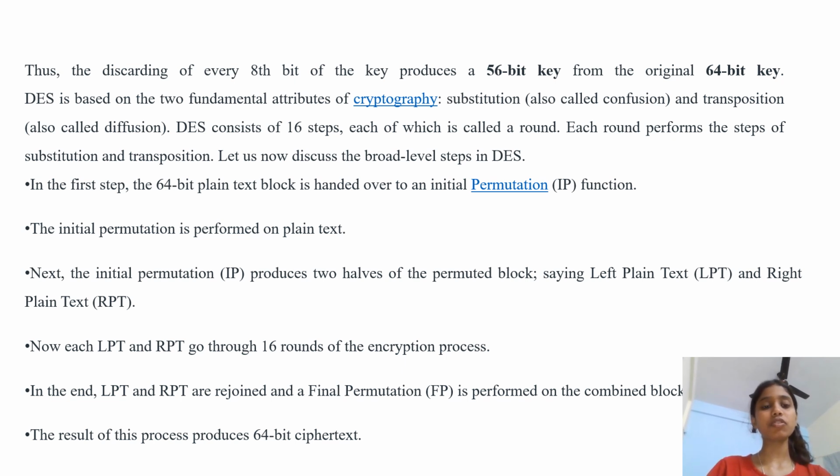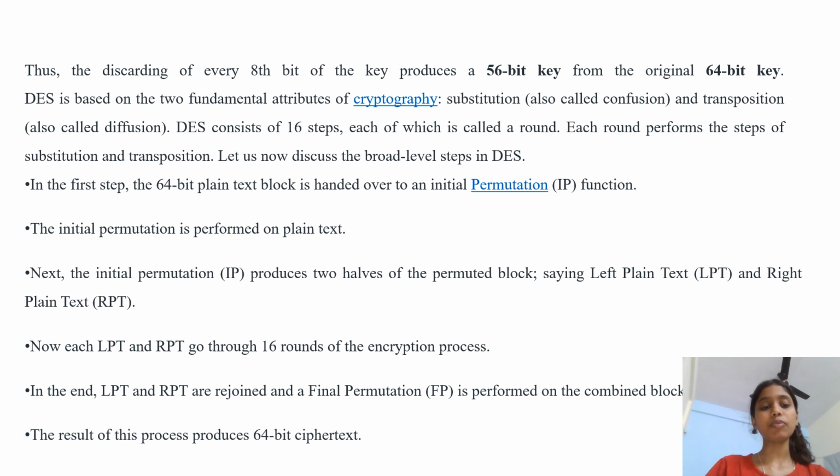In the first step, the 64-bit plain text is handed over to the initial permutation function. The initial permutation consists of interchanging the positions of the bits of the original 64-bit plain text. Next, the initial permutation produces two halves of the permuted block, called left plain text and right plain text.